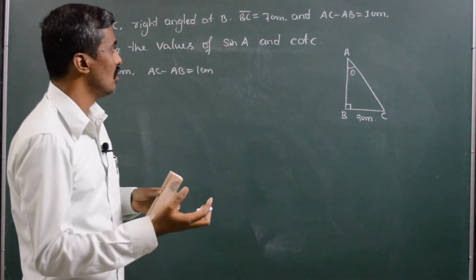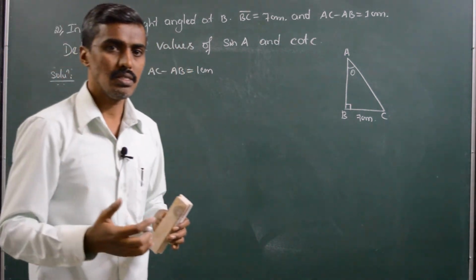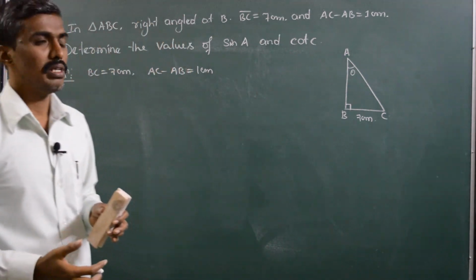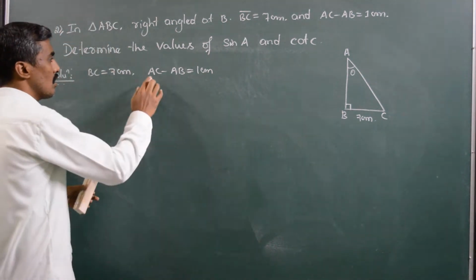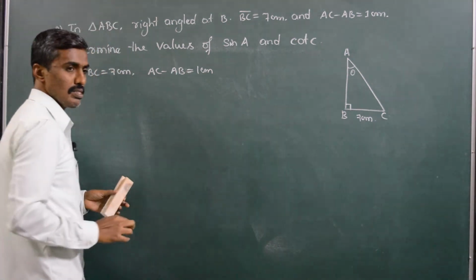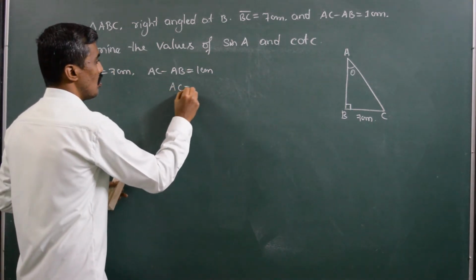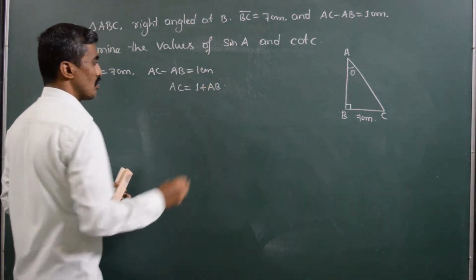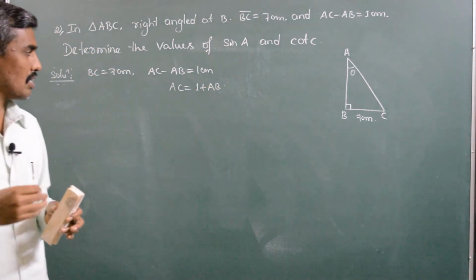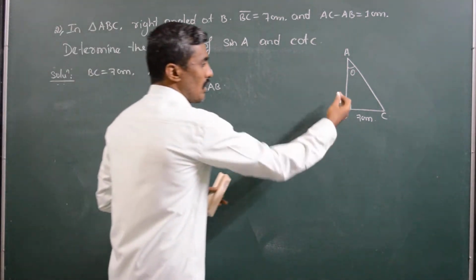So therefore to find sin A and cot C, we have to know the AC side as well as the AB side. So how can we find AB and AC? For that they have given the data AC minus AB is equal to 1 centimeter. So here AC is bigger. So therefore AC is equal to 1 plus AB. But this is a right angle triangle.